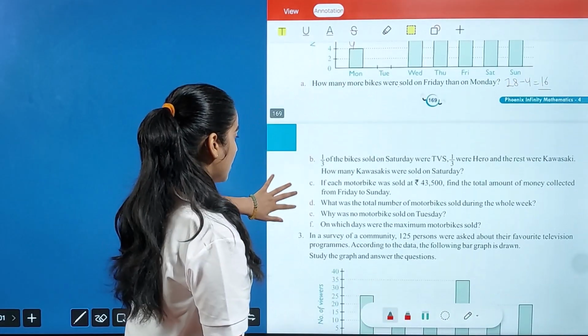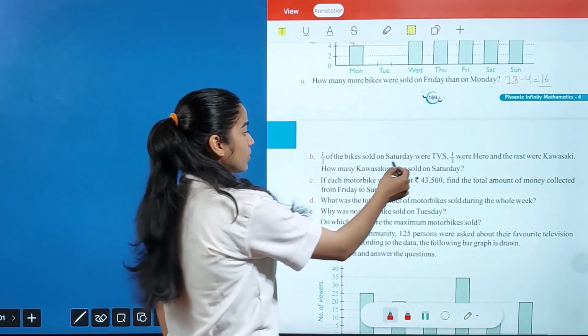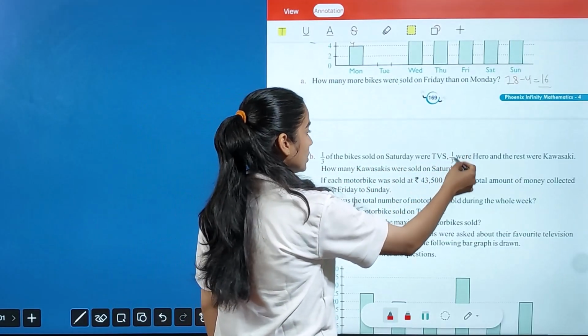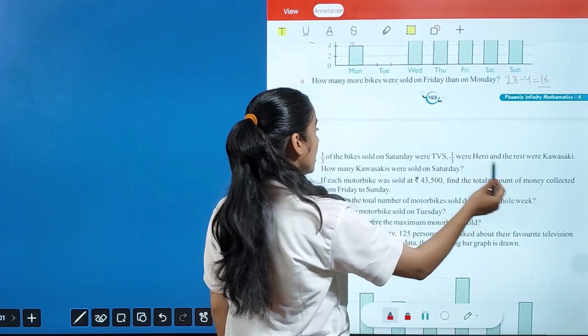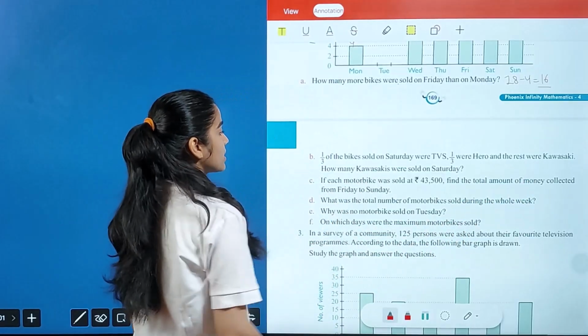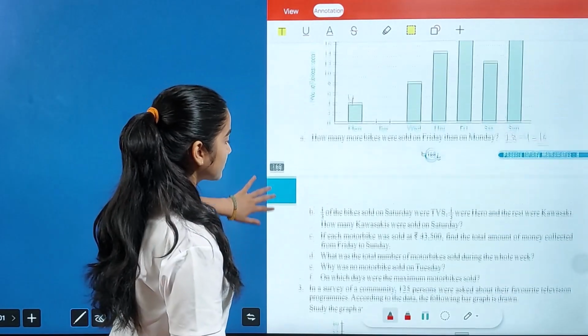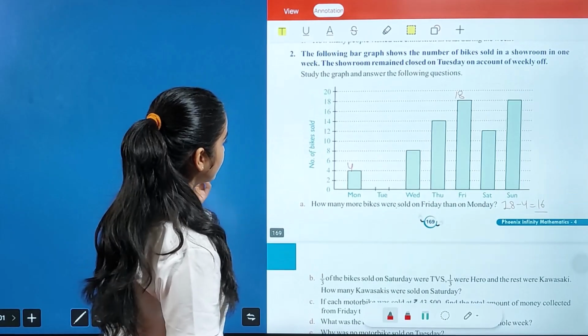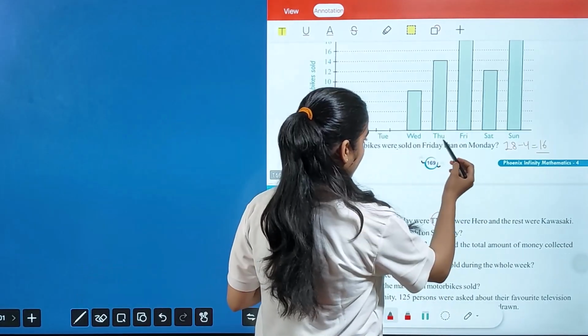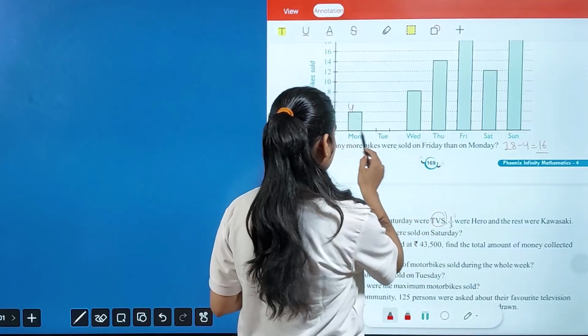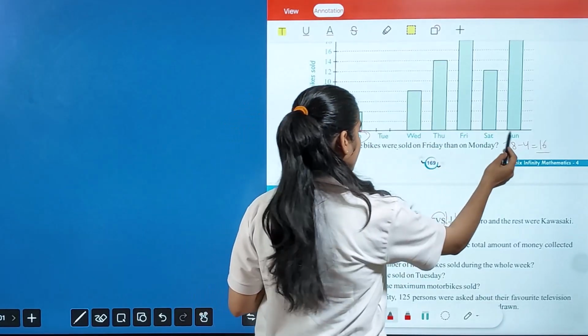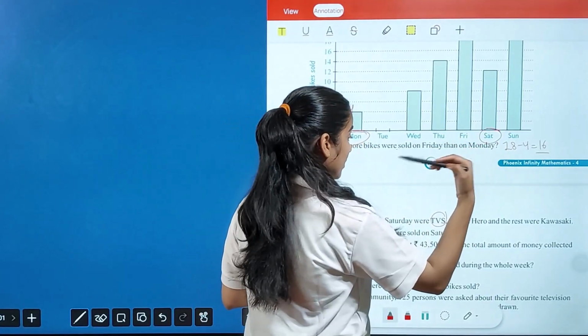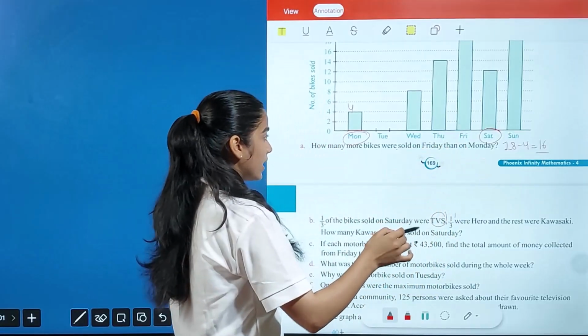Okay. Now, one third of the bikes sold on Saturday were TVS, one third were Hero, and the rest were Kawasaki. How many Kawasakis were sold on Saturday? So we have to find out the total.